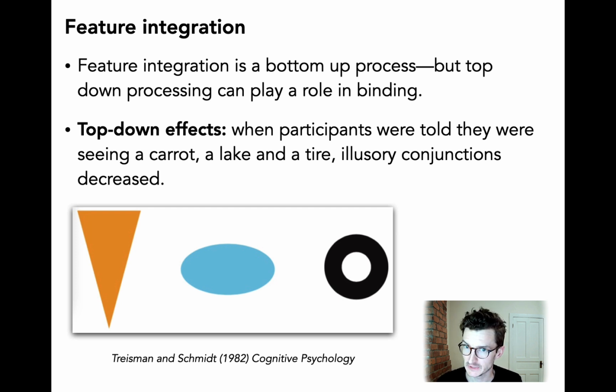So in everyday life, attention helps us solve the binding problem, but so does top-down information, right? We know how things should look. When you look at an apple, you know that it's either going to be red or green, right? Depending on the kind of apple it is, or yellow, I guess.